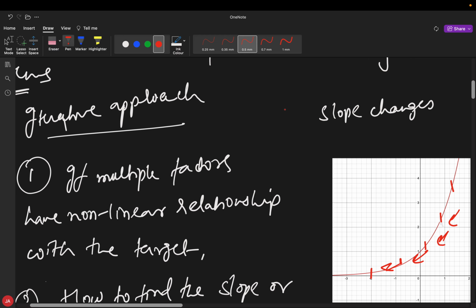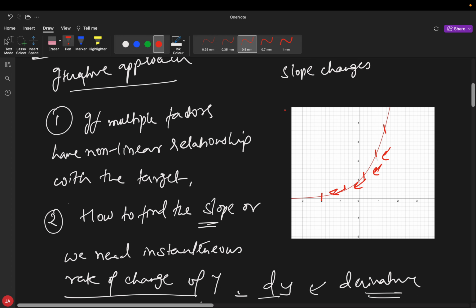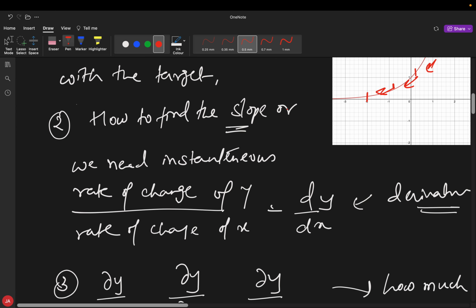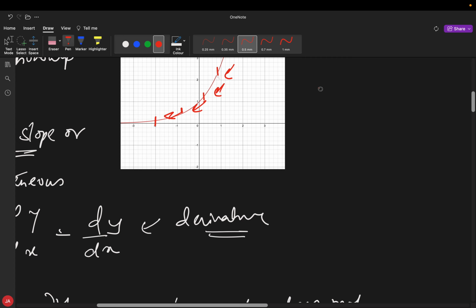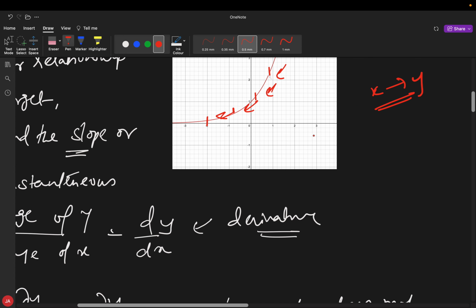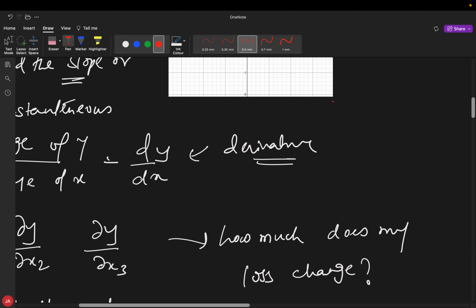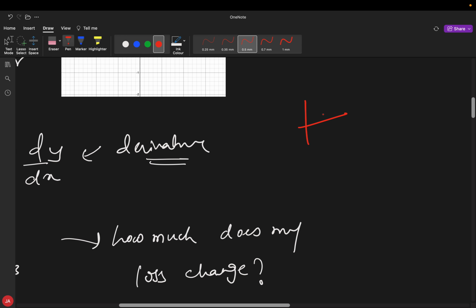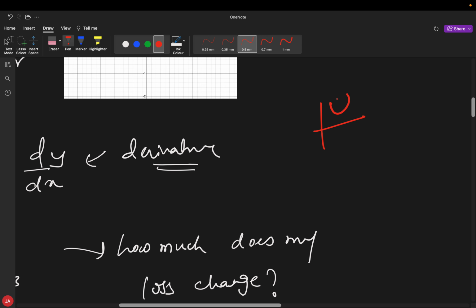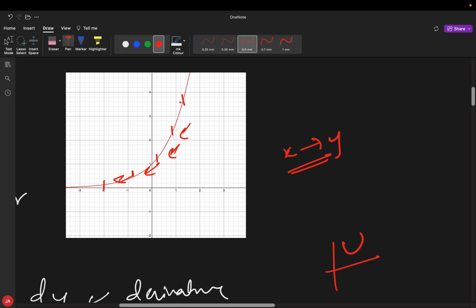So we look at the instantaneous rate of change, which is how my y changes with x at this particular instant. So it is the concept of a derivative. If I take a very small step in this direction, would my y increase or decrease? Let's say we are here and we take a very small step.